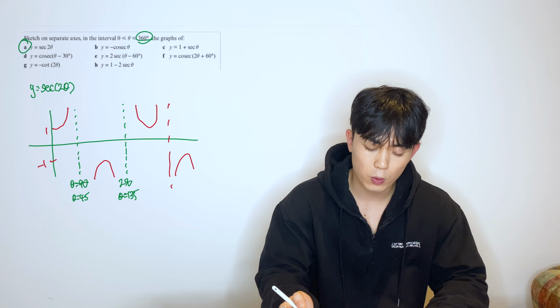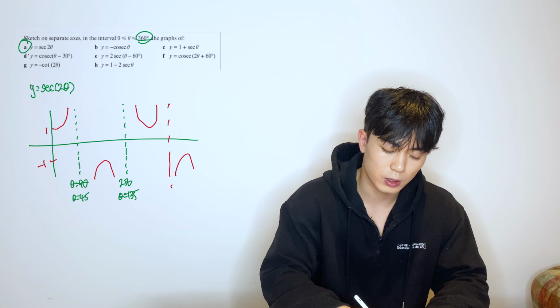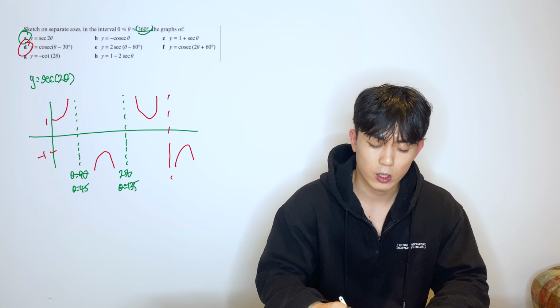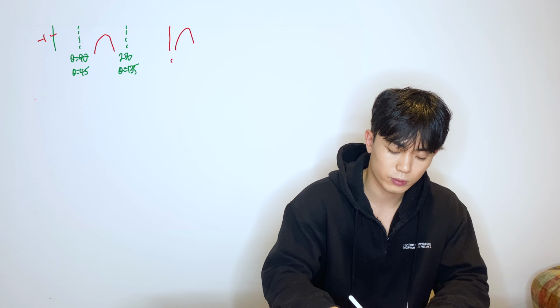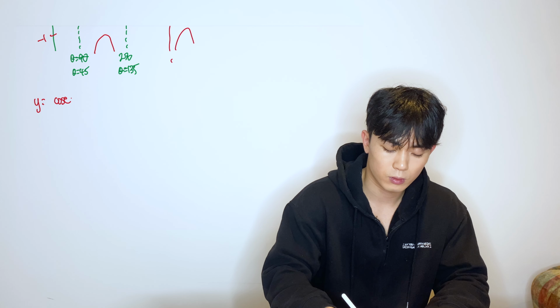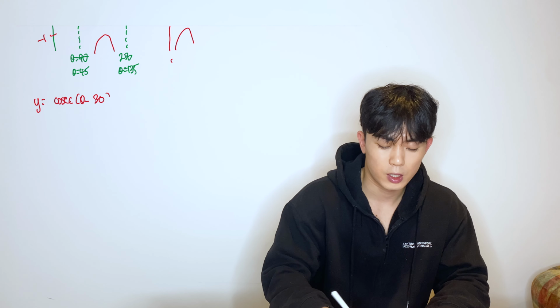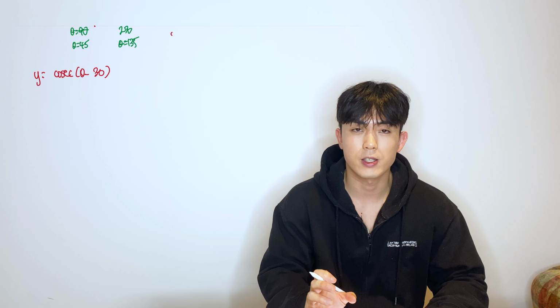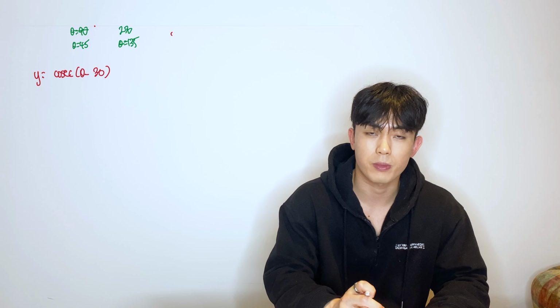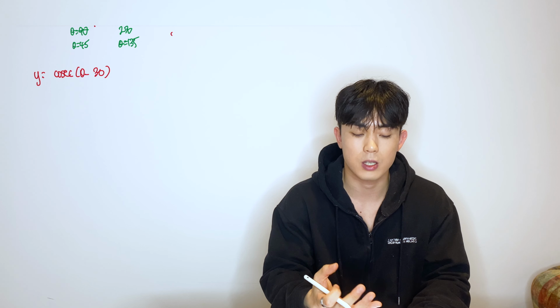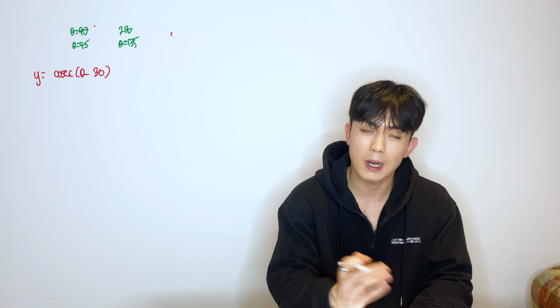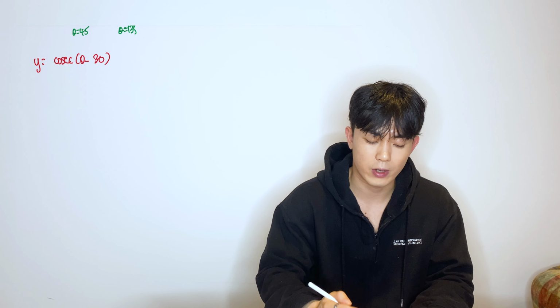Let's just try another one. So let's try maybe the second one here. So D, y is cosec of theta minus 30. So once again, there's only one transformation that occurs there. It's the minus 30. It's inside the bracket, meaning it's going to affect our x values, and do the opposite. So rather than minus 30, we're going to add 30 to every x value.